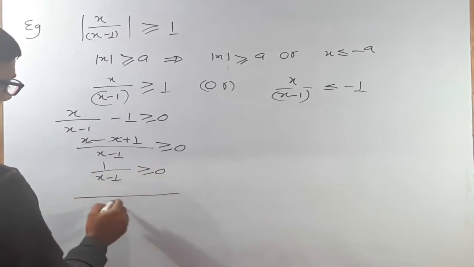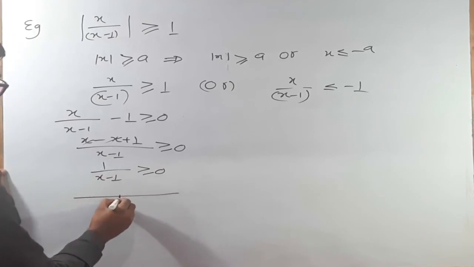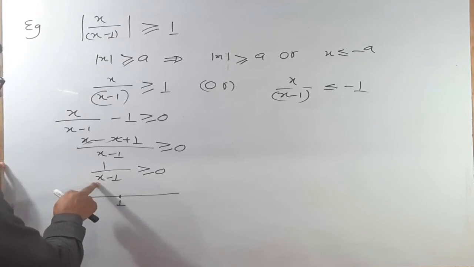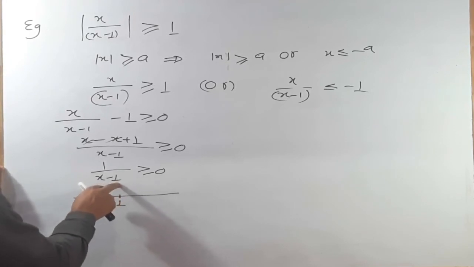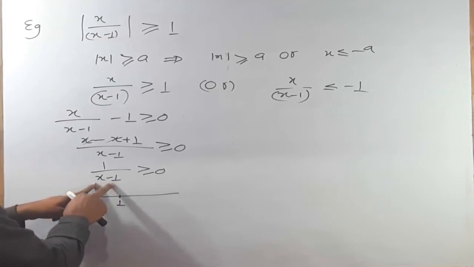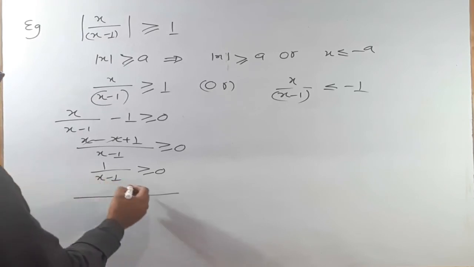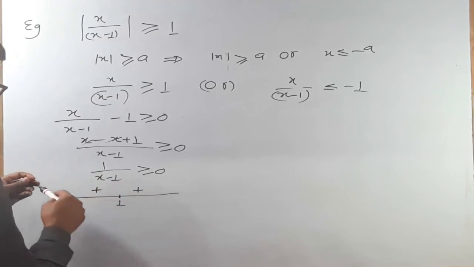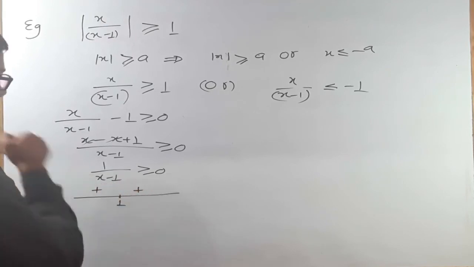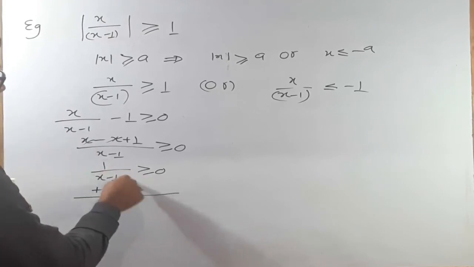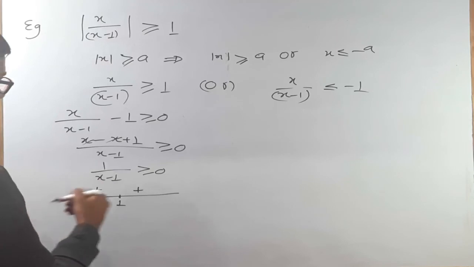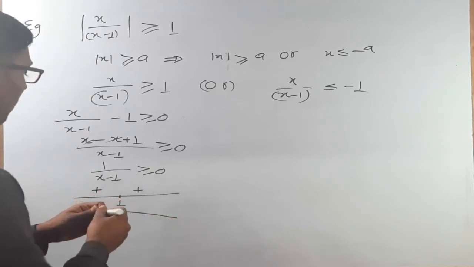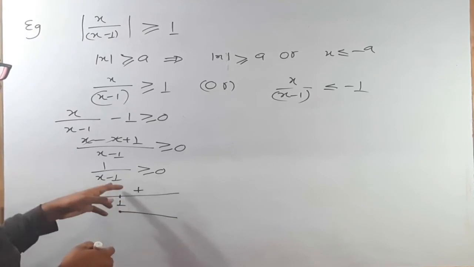Here 1 is the point of inversion, because for values of x greater than 1 this is going to be positive, and for values of x less than 1 this is going to be negative. So this will be positive, this will be negative. But the equality sign is there, so we need to take all the values of x. This is how we can calculate the values of x for which this inequality is satisfied.